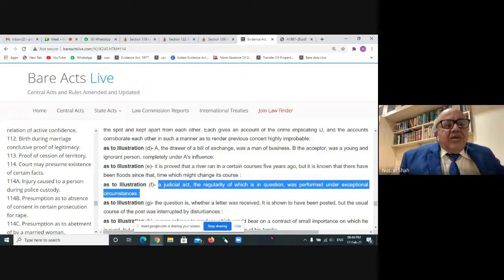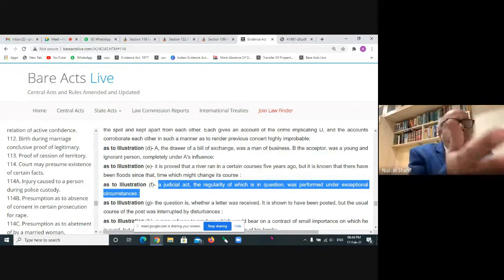Unless the accused takes up the plea that he was there, but when the name was called out, why did you not mention your name? Why did you not raise it? Your lawyer was not there. So you cannot blame the judge for recording a Roznama. So the Roznama maintained by the judge, a judicial act which has been performed, will prevail over the oral statement of the accused person or the litigant.